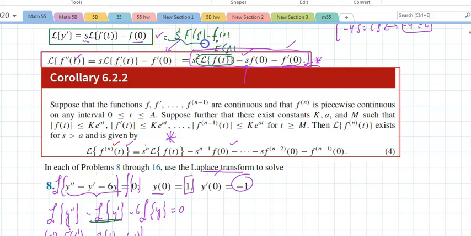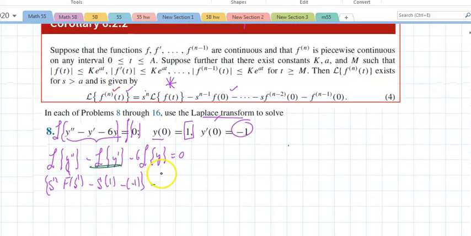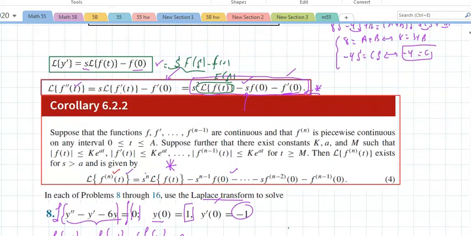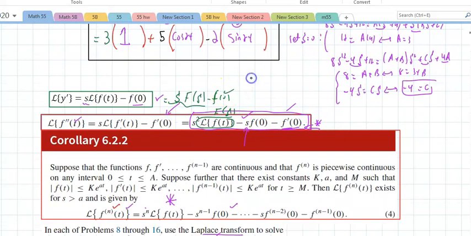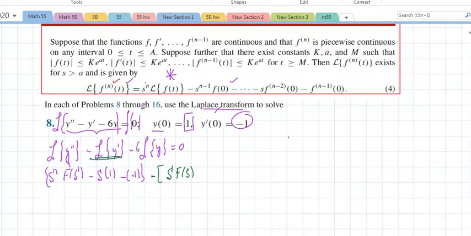So this is going to be s times F of s minus f of 0, minus, what's f of 0? f of 0 is a 1. And this piece will be a minus 6.